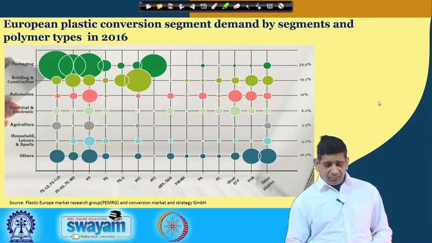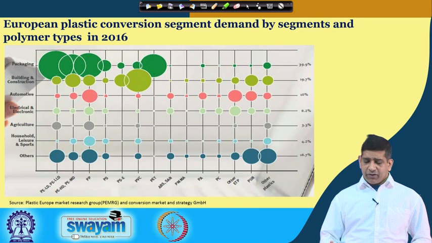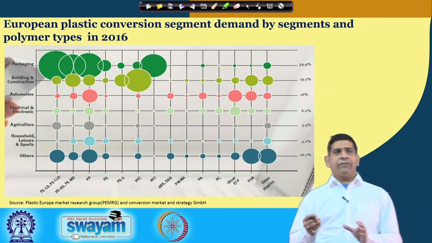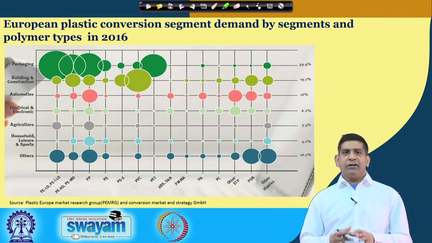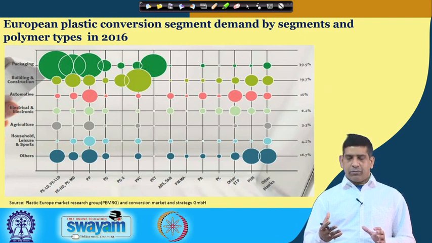If you look at different types of plastics and where they are being used, here the bigger the bubble, and I think if you have not seen these kinds of pictures before, the bigger the bubble means the quantity is more.